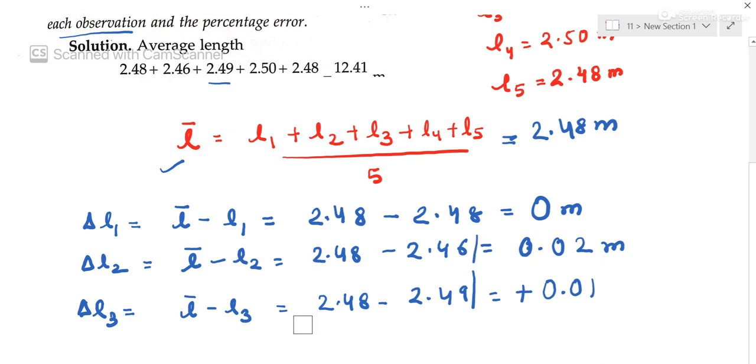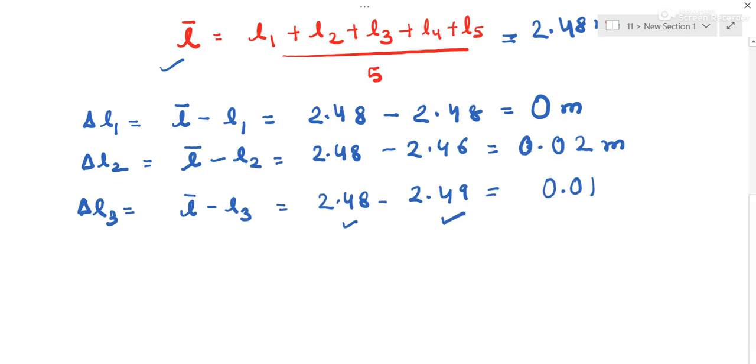If you wish to put the modulus sign, you can put it, otherwise you have to keep in mind that error has to be reported as positive. Here this value was large and this was small, so it was coming negative, but all the errors are to be taken positive. Similarly, now the error in the fourth value and the fifth value, you can find on your own.